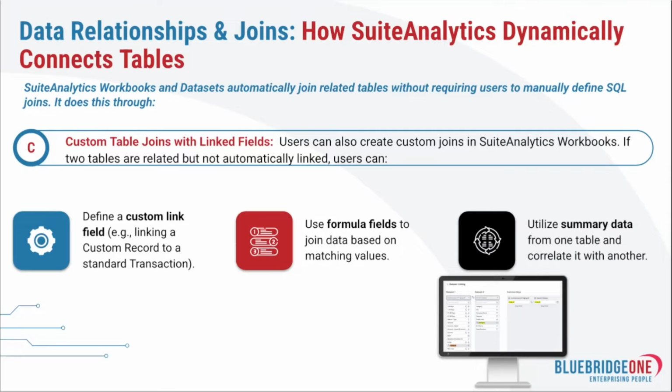Custom relationship definition. The ability to define custom relationships between fields means users can tailor how data sets are connected without being limited to predefined relationships or automatic joins. This provides a higher level of data integrity and precision in report generation.